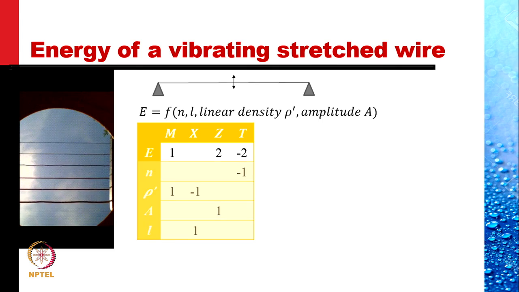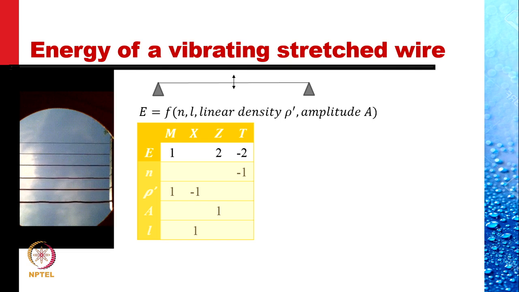There are 4 dimensions, so there are 4 parameters in the basic set, we choose n, rho prime, a and l. The only choice we could have made, because the dependent parameter e is never chosen in the basic set.